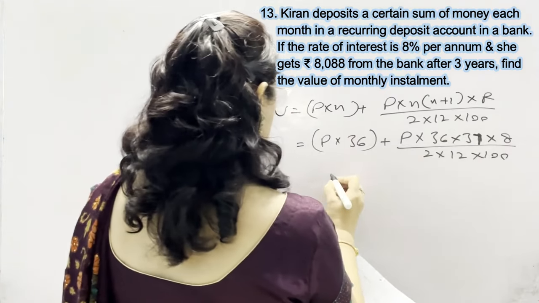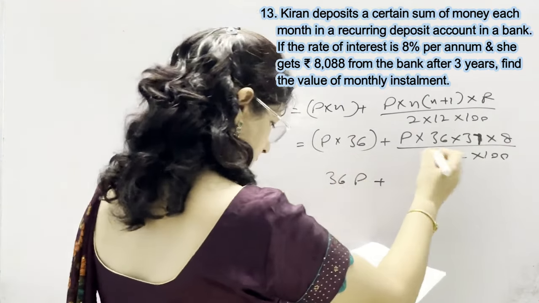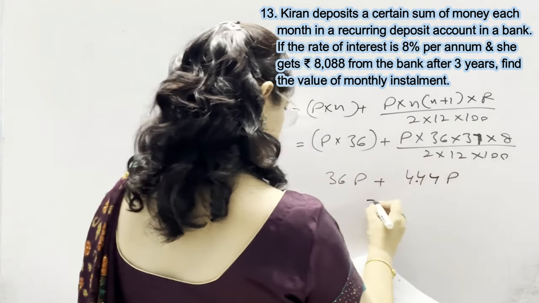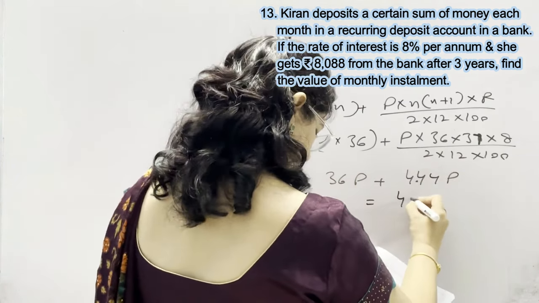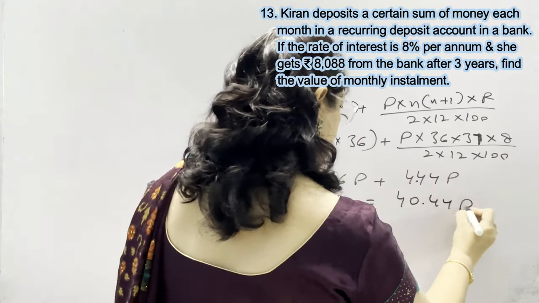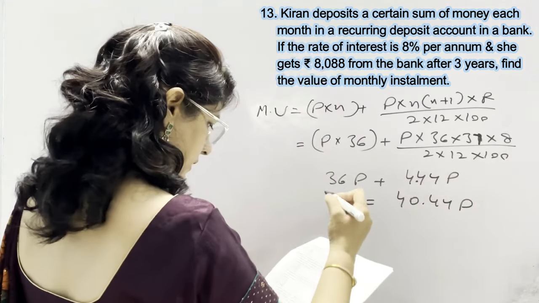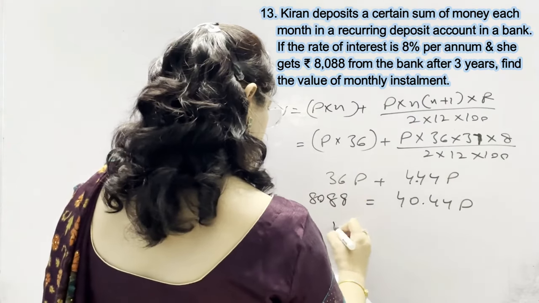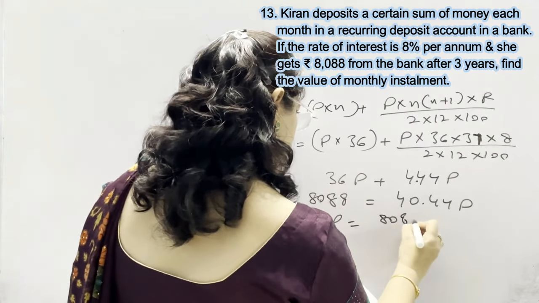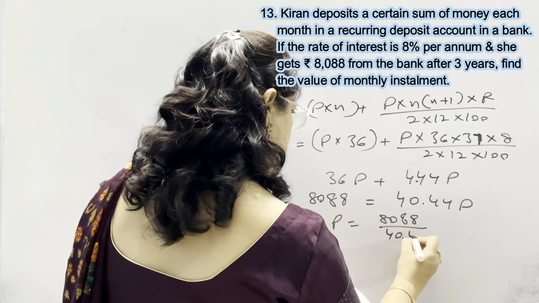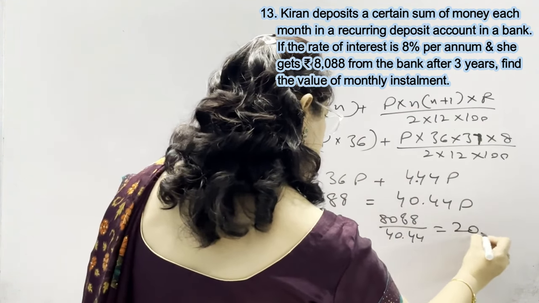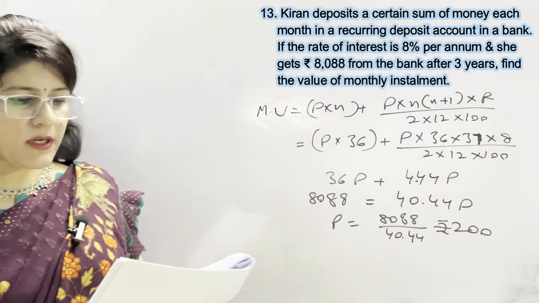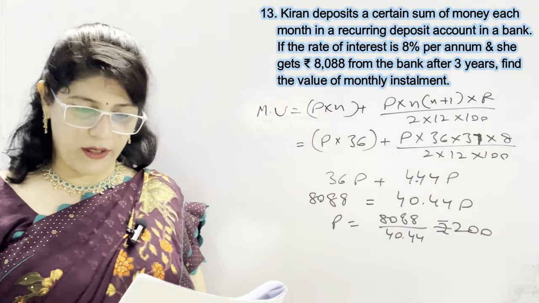So 36P, and after solving this 4.44P. So their value comes out to be 40.44P. And maturity value we have been given in the question as 8088. So the value of P is 8088 divided by 40.44. It means its value is rupees 200. So the monthly installment deposited by Kiran is rupees 200.